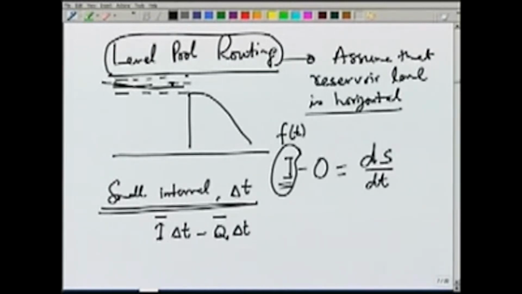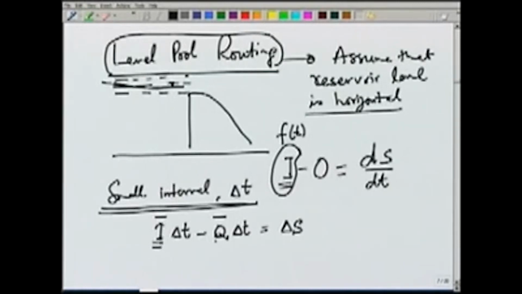So, some Q bar again multiplied by delta t will give us the change in storage delta S. So, in this equation, I bar represents the average inflow during time period of delta t, Q bar average outflow during that time period, and delta S is the change in storage during that finite time interval of delta t.